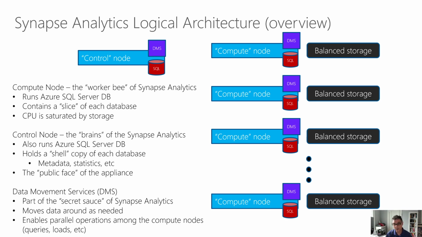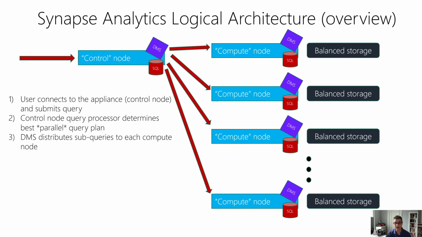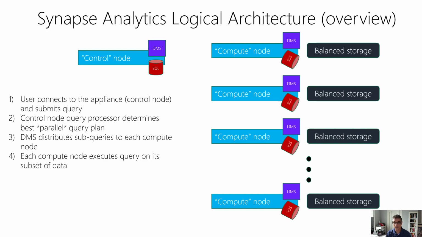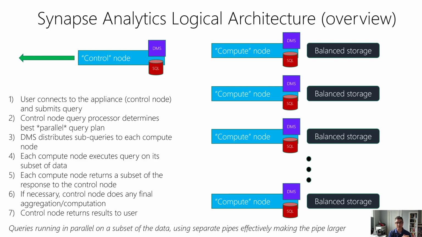So if we look at how that works, if an end user submits a query to a control node, that control node will create a query plan, but also parallelize the queries and send them out to the various compute nodes. They will run those queries locally and return the results back to the control node, so a subset of that data, because if the query has a WHERE clause, mash it up, and then send it back out to the end user.